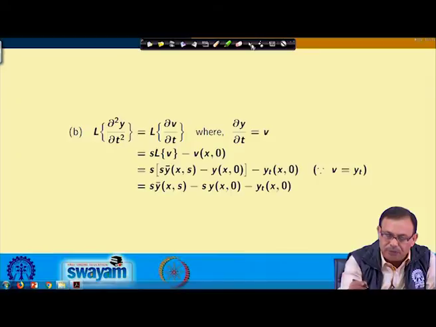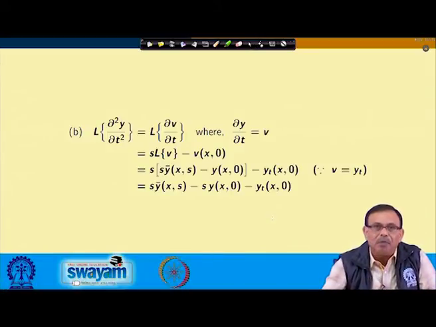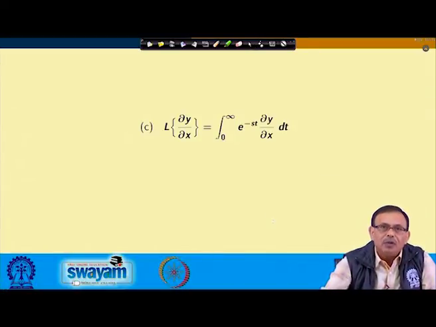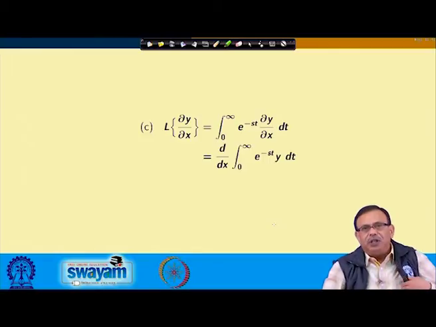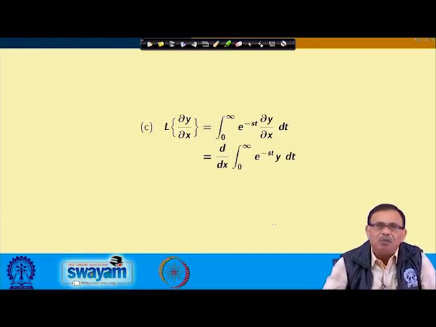Let us see the next part, number 3 also here. Laplace transform of del y del x equals the integral from 0 to infinity of e power minus s t del y del x into dt. Since it is a function of y and x, d dx can come outside.